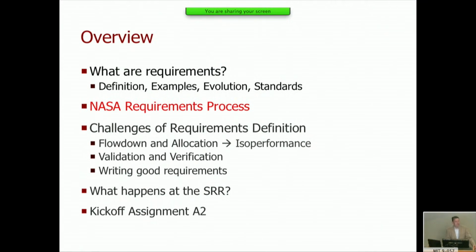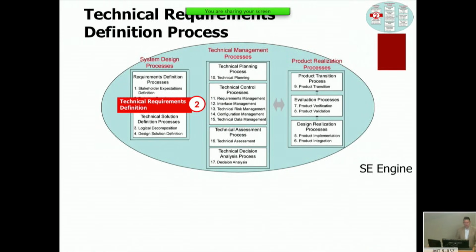Okay, so let me talk about the NASA requirements process, and then we'll talk about challenges. So getting back to the system engineering engine, that's sort of the heart of the NASA system engineering process. You remember this happens at every level of decomposition.